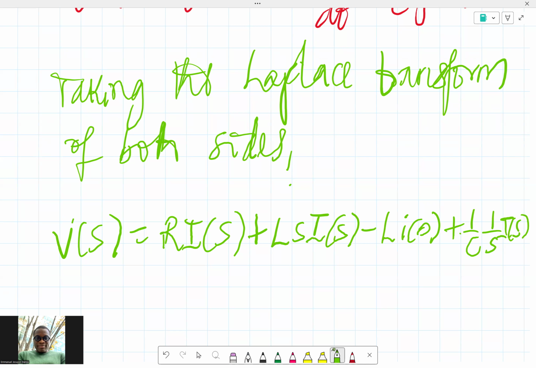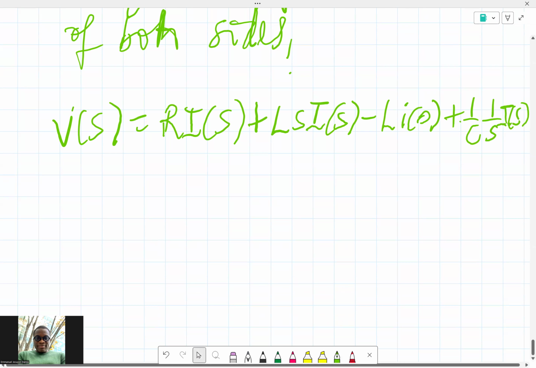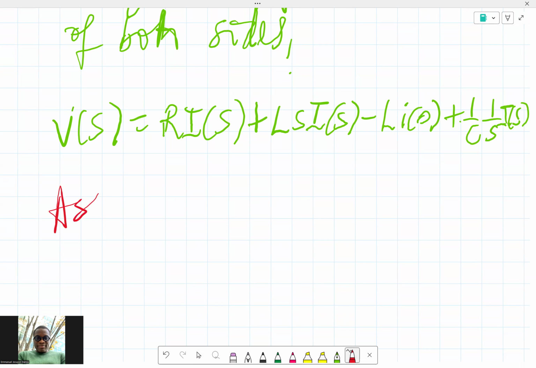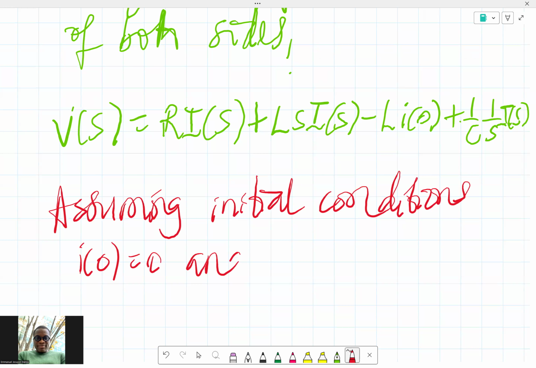That's when we integrate like that as we had it in the first case, right? So with this done, assuming initial conditions, i(0) equals 0 and the integral of i(t) dt at 0 is also equal to 0.